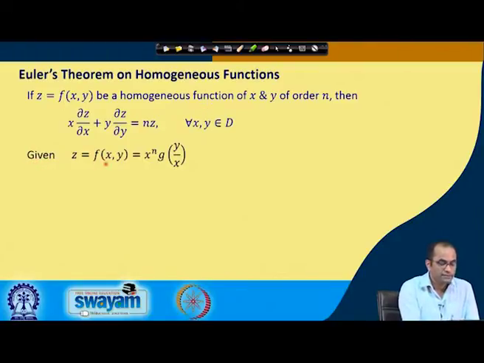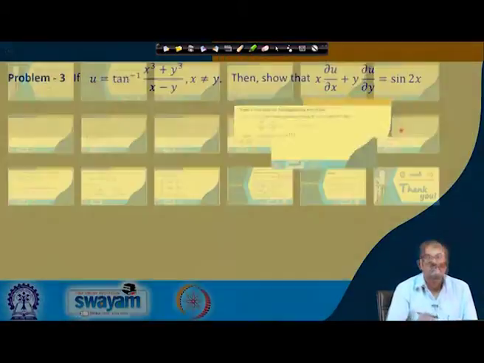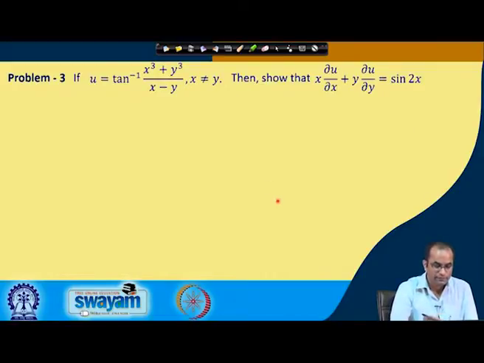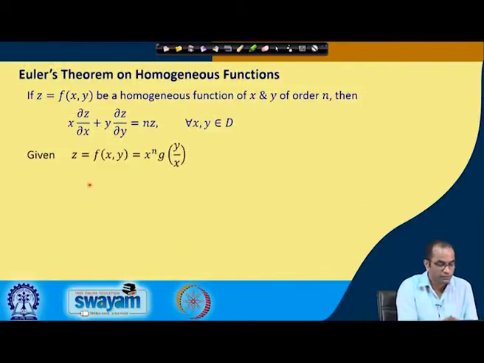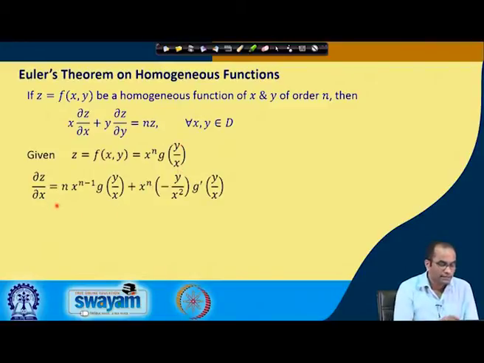So, given that z is equal to f of x, y is a homogeneous function of x and y of order n, we can write down that z is x power n times g of y over x, and then we know already how to differentiate with respect to x. So, we can do that.